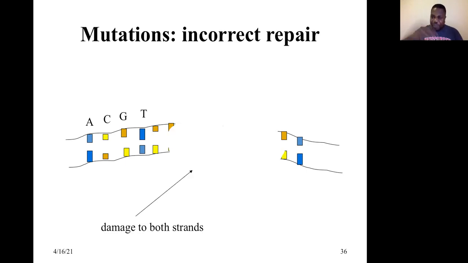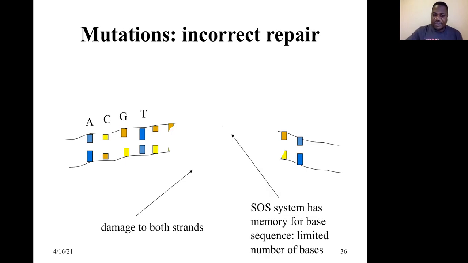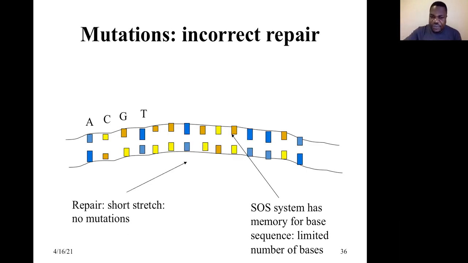Then damage of both strands, then you have the SOS system. Now it depends on the extent of the damage. If the damage is of limited extent, the SOS system keeps the memory of the base sequence of that gene. The repair can still take place without any mutation.